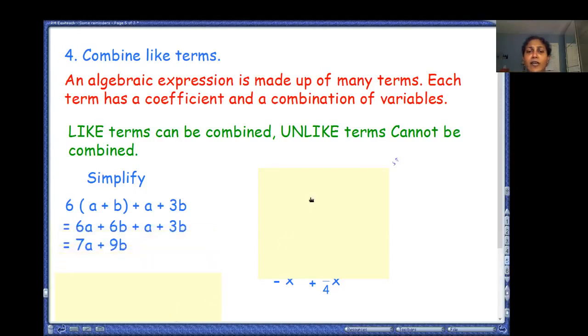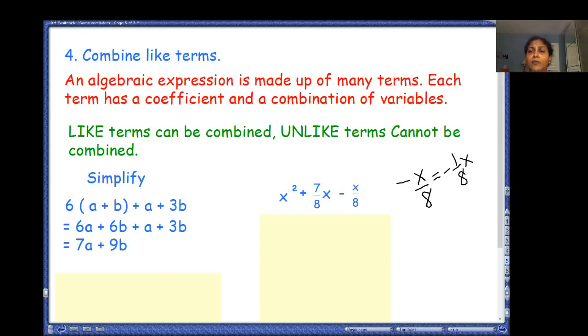Similarly, on the right side, I have another problem for you. This one is slightly tricky because it has fractions. This first fraction says 7/8 x, and the second fraction says x over 8. I hope many of you know that negative x over 8 is the same as negative 1/8 x.